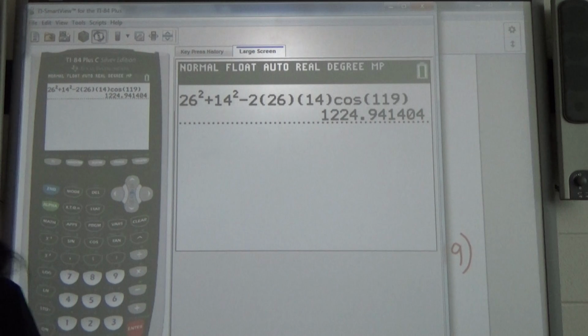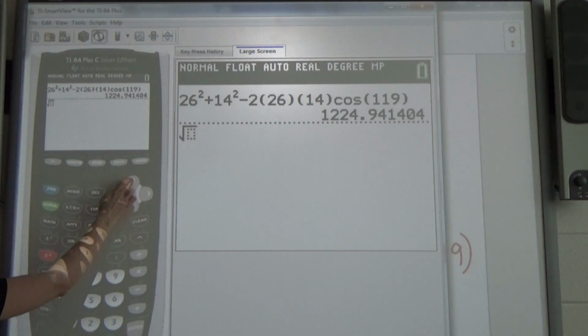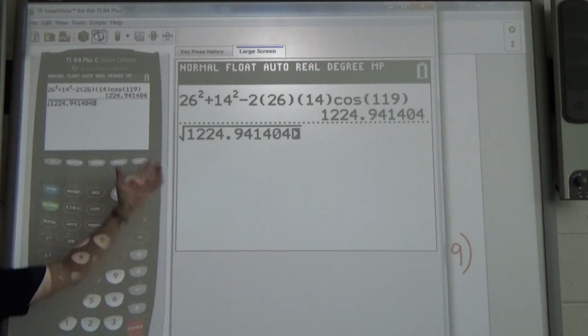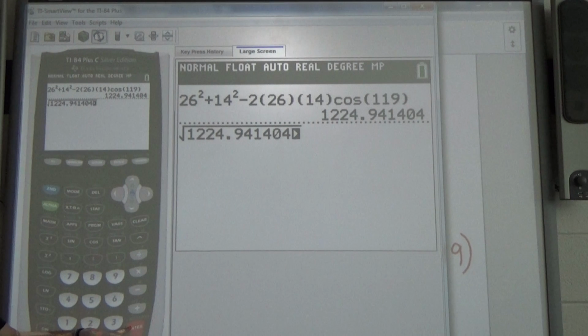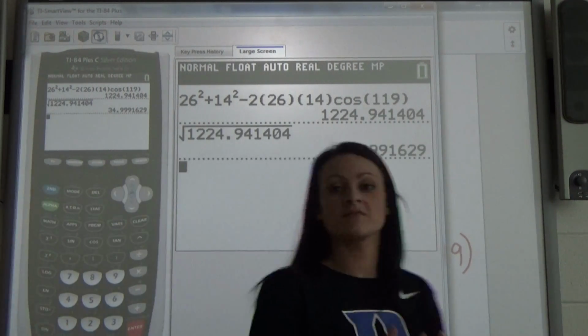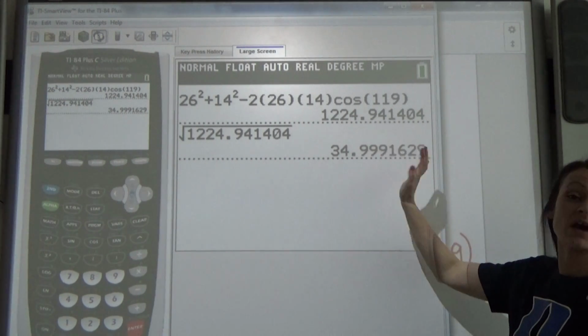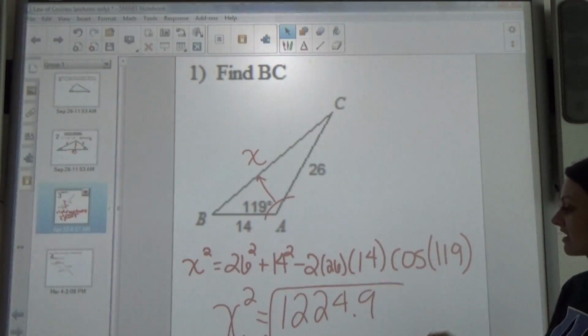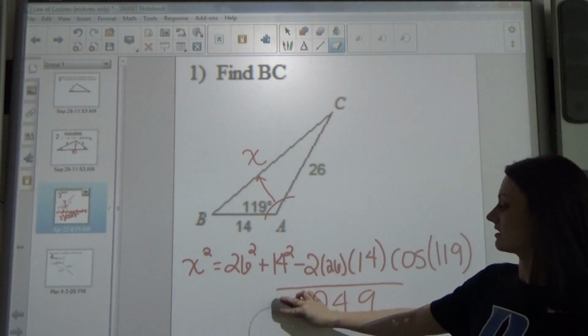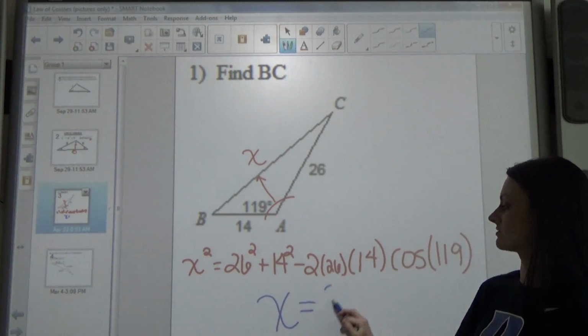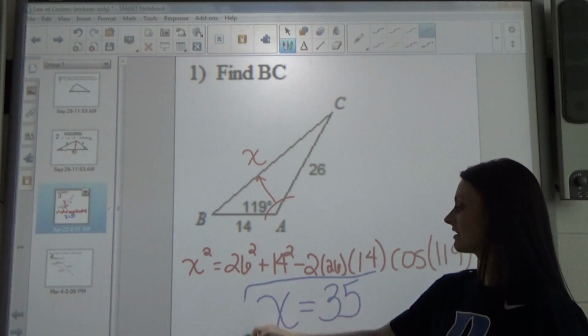So now, in order to get to a final answer, I have to take the square root of this number that I got from the law of cosines formula. So really, when I'm thinking about side x, because this is so close to 35, I'm just going to round it up and say 35. So I'm going to come back in here and say that x is equal to 35.